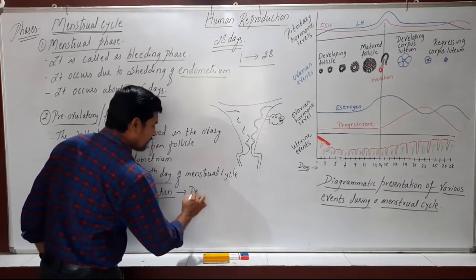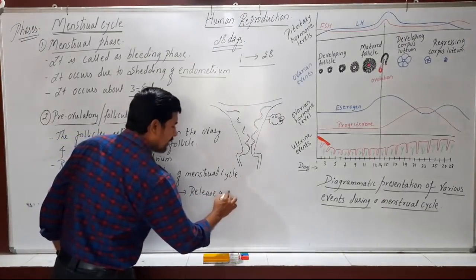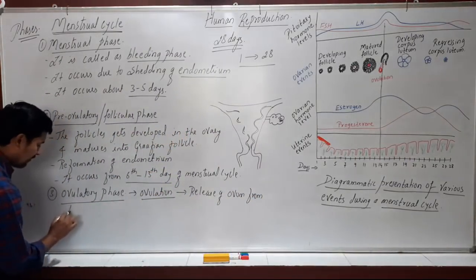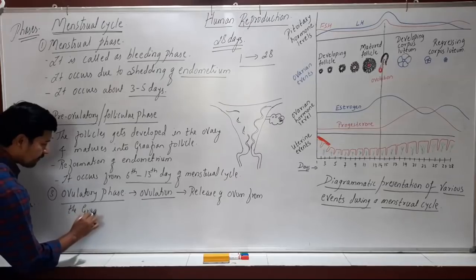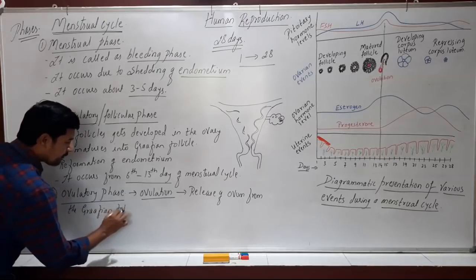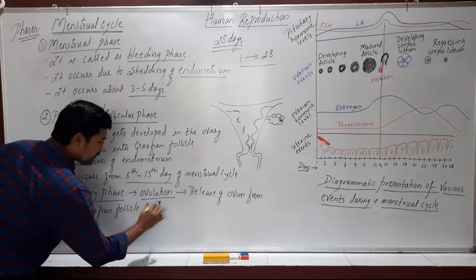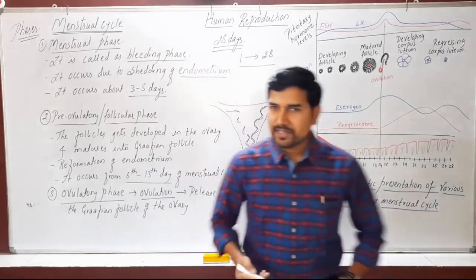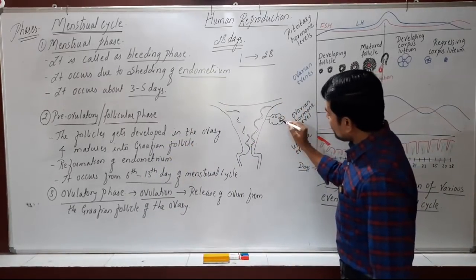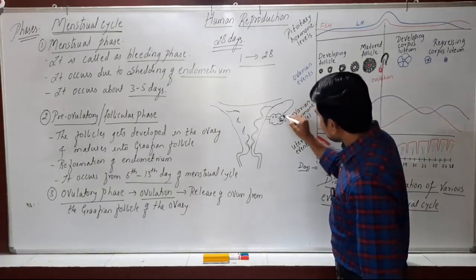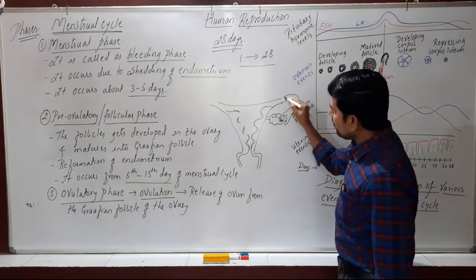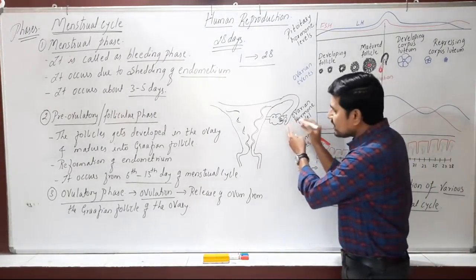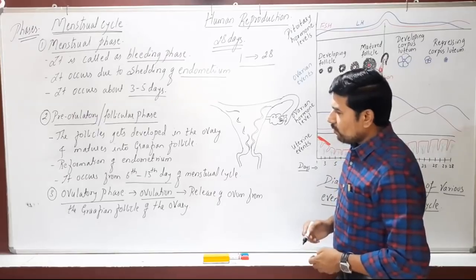Release of the egg or ovum from the graafian follicle of the ovary is called ovulation. Look at the process. From the graafian follicle, the ovum has to be released, because here we have the fallopian tube. Release of the ovum or egg from the graafian follicle is termed ovulation.